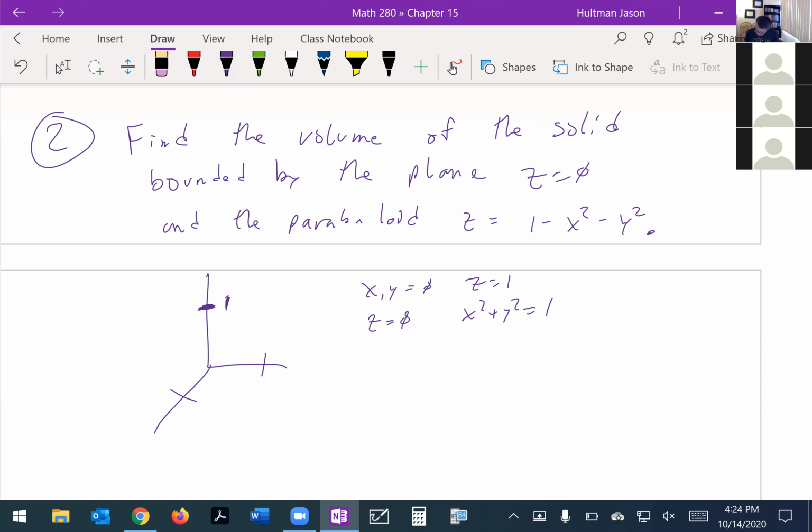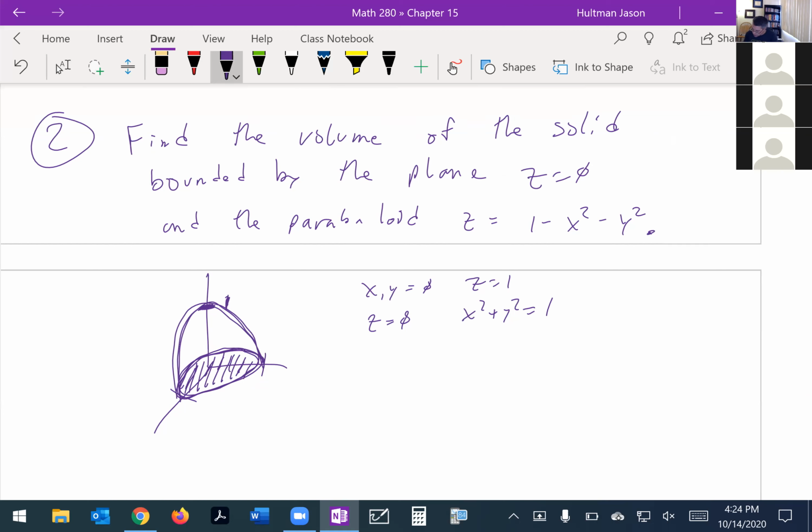Let's do it more like this. And then we're getting this paraboloid through z there. So this is the base. And get this paraboloid shape going.